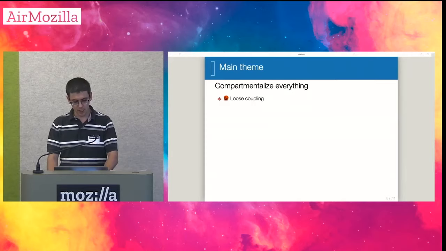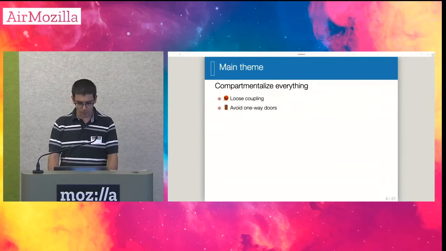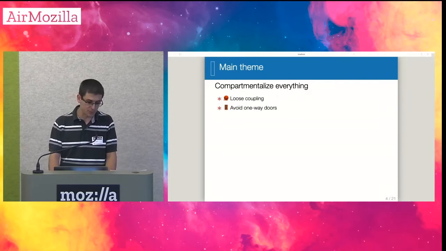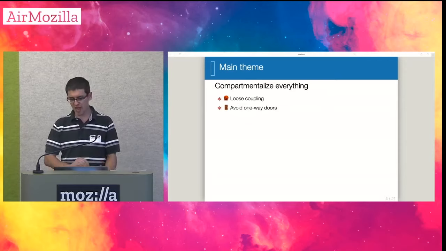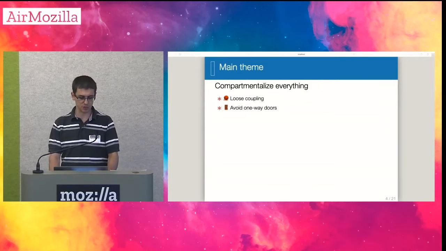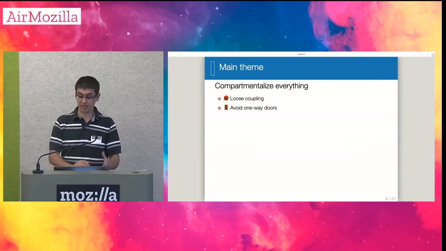Another principle is, and maybe that's because we are an early startup and we haven't really learned everything about the domain we're working in. We're still building expertise, so we don't know which answer is correct. So it's very important to avoid one-way doors. I think this is sort of an extension of loose coupling, but for the design or architecture you're building.